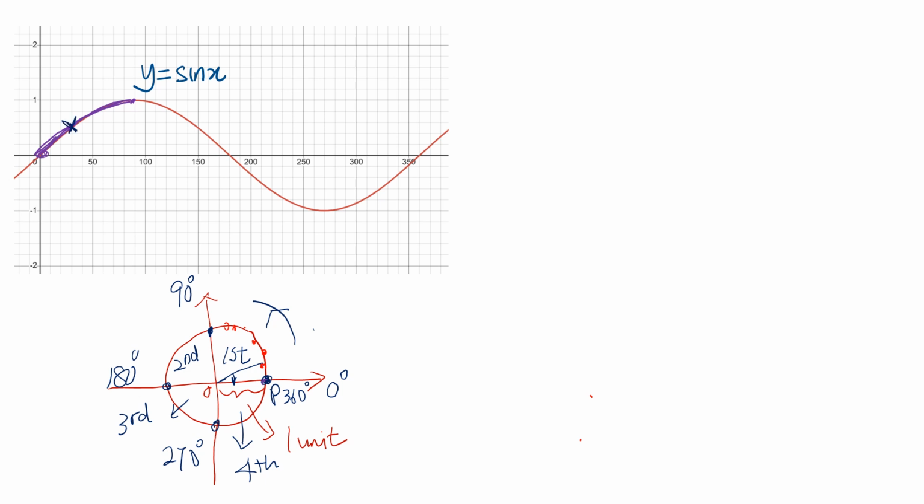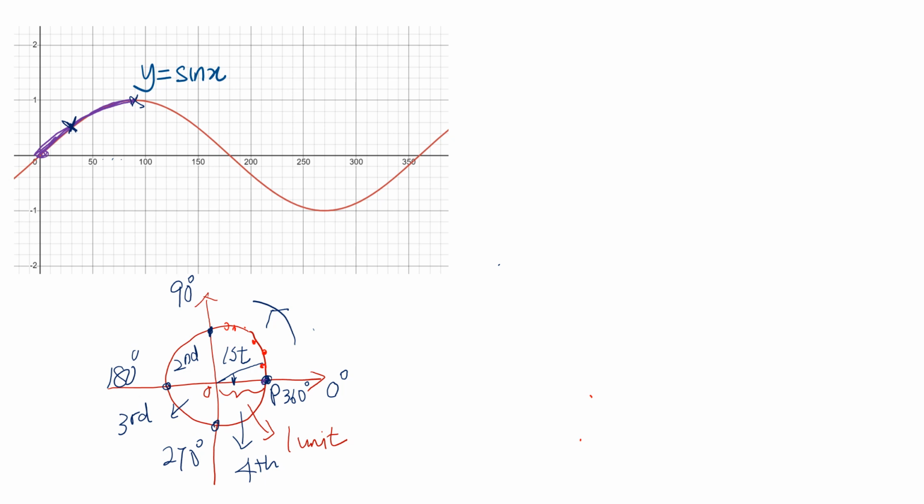And then it keeps moving on until, let's say, 90. If you use a calculator, the ratio for sine 90 will be 1. So that explains 50, 60, 70, 80, 90, that explains this point here, and it keeps moving on.